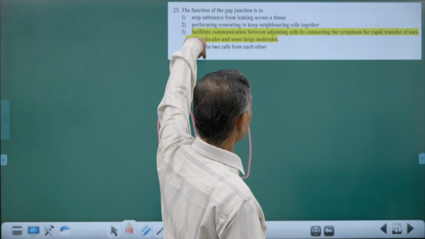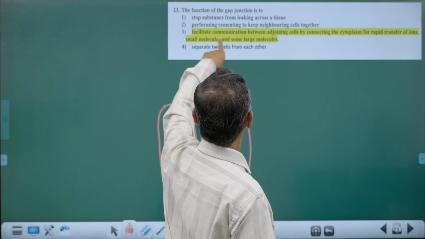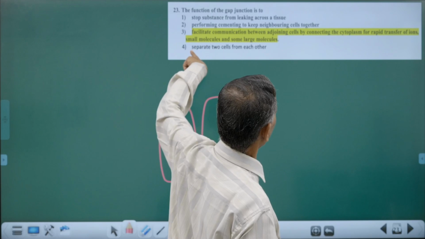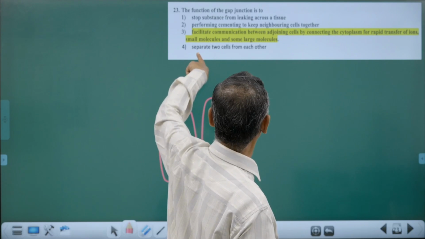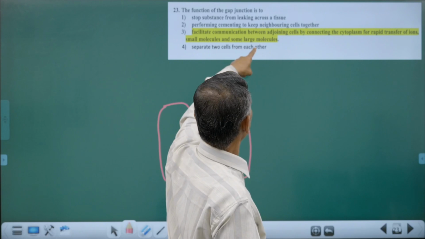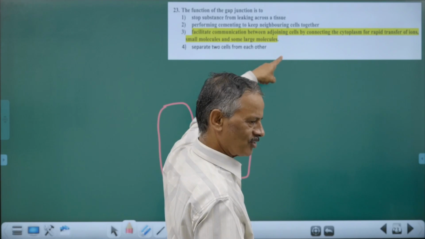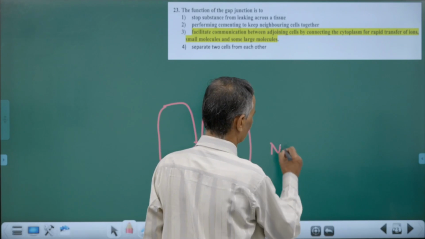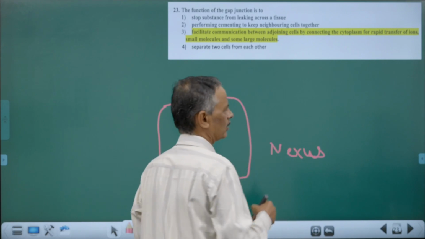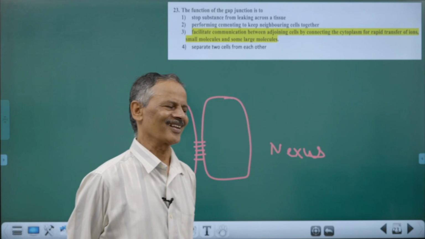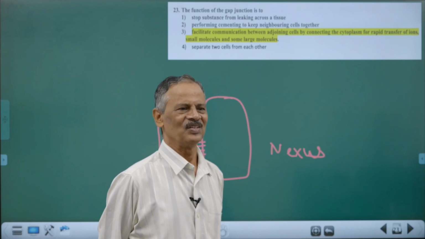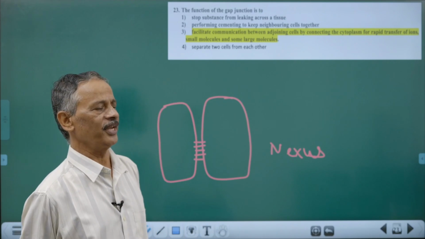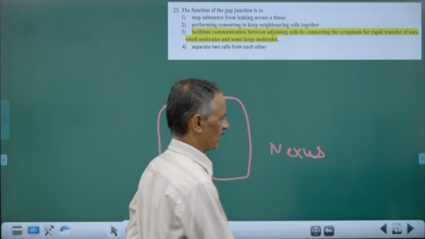So, gap junctions facilitate the communication between adjacent cells by connecting cytoplasm for rapid transfer of ions and small molecules. Some large molecules will also pass through. They are actually called nexus. Nexus means secret connection. These are the cytoplasmic connections between neighboring cells to facilitate easy communication between cells.